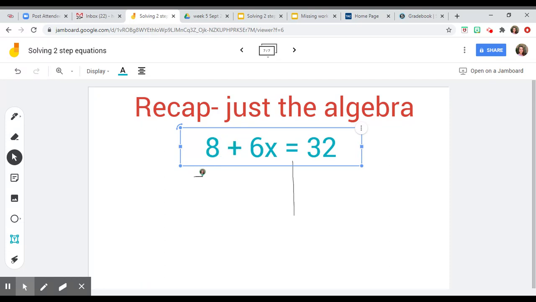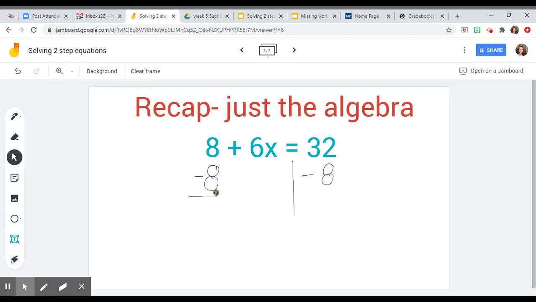We do minus 8 because the 8 up there is a positive. In order to keep it balanced, we must do it on both sides. The next step is going to be to balance that out by subtracting. 8 minus 8 is 0, so now we have 6x. 32 minus 8 is 24, so now I have 6x equals 24.